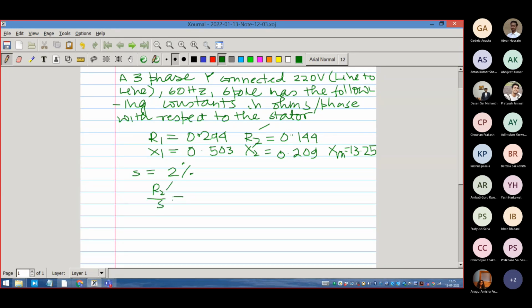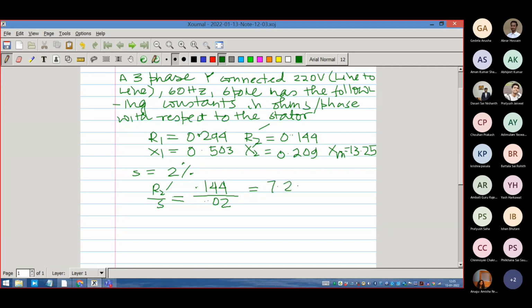It is 0.144 divided by 0.02, that is equal to 7.2.